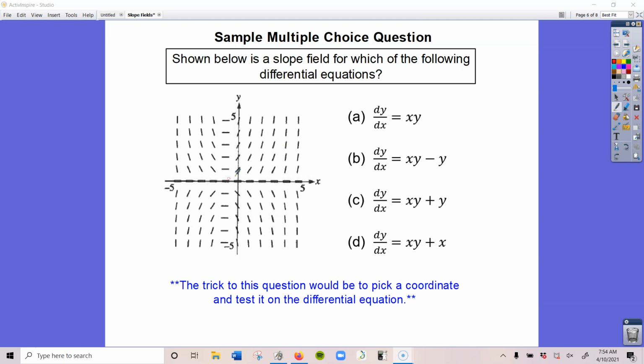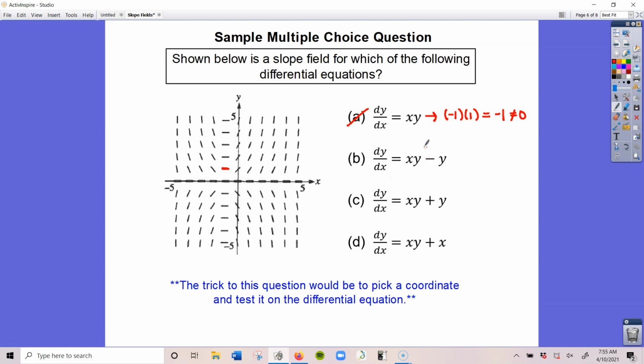So for example, let's use -1, 1, because if I do -1, 0, it's clearly going to give me 0. But if I do -1, 1, and I multiply them here, what I get is -1, which does not equal 0. Since my slope here is 0, this is not it.